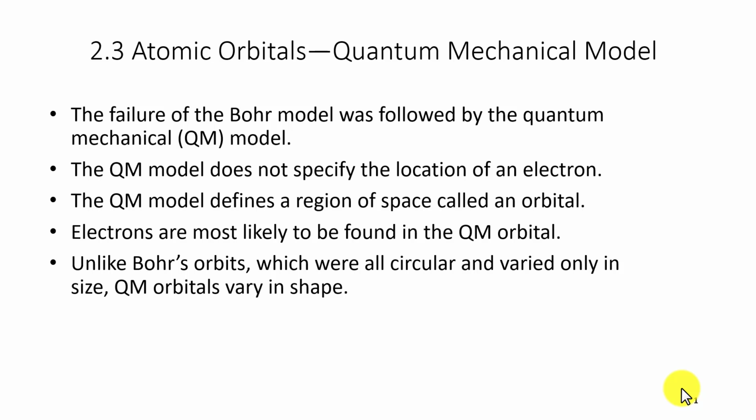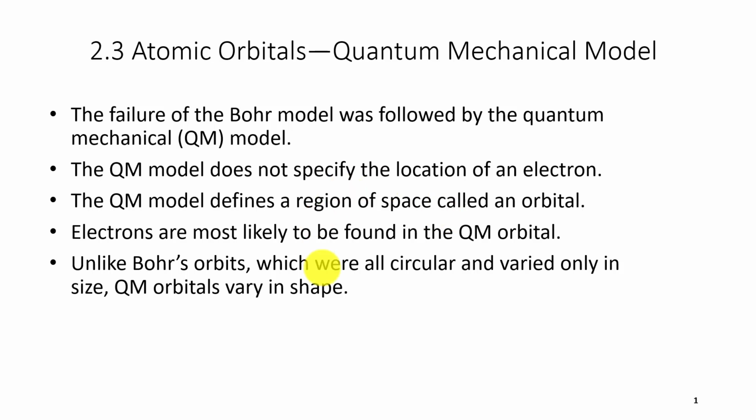Therefore, an updated version or a slightly different model needed to be described, and so the quantum mechanical model was the one that replaced the Bohr model. In this model, we do not specify the location of an electron, but instead it defines a region of space where the electron may be found.